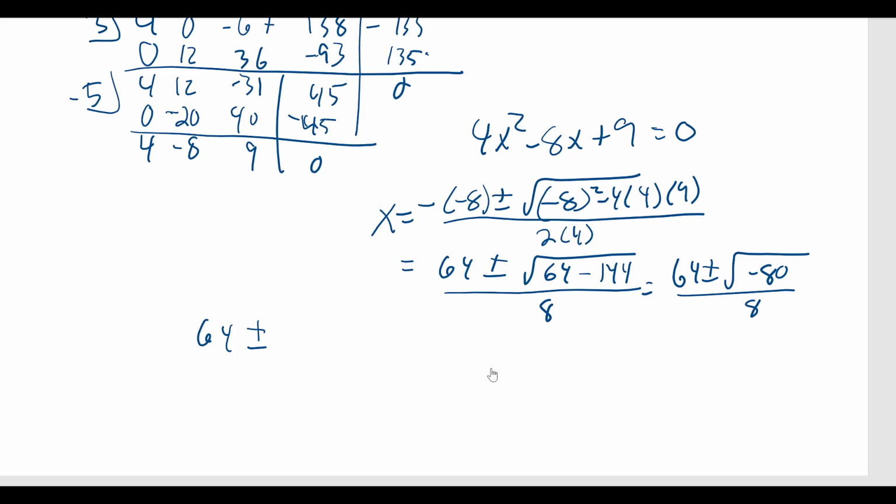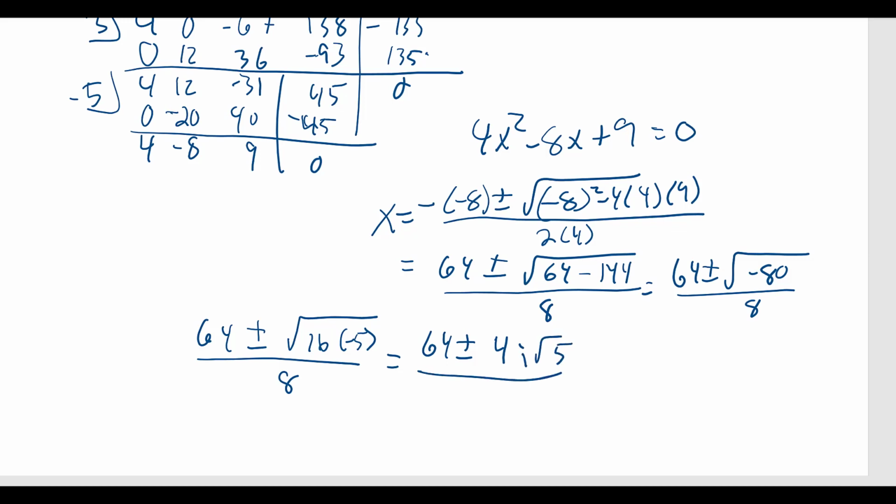So if we treat this as the square root of 16 times -5 over 8, we end up with plus or minus 4 times the square root of -5, or I might as well call that i root 5, over 8, and we can reduce the 4 out. Where did I get 64? See, this is where it's nice to do this in class because someone would call me out: where'd you get that 64?